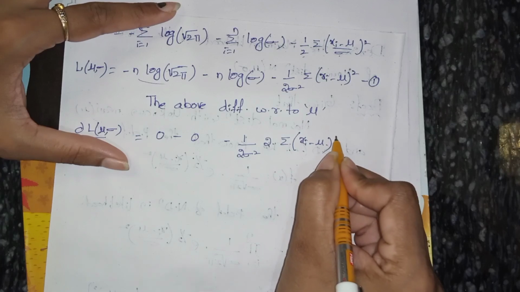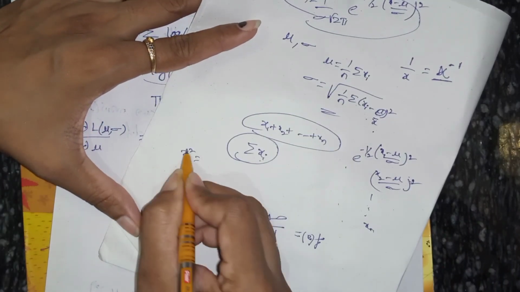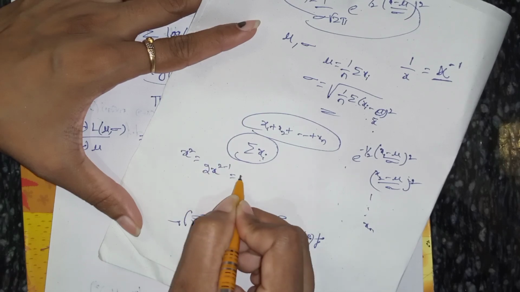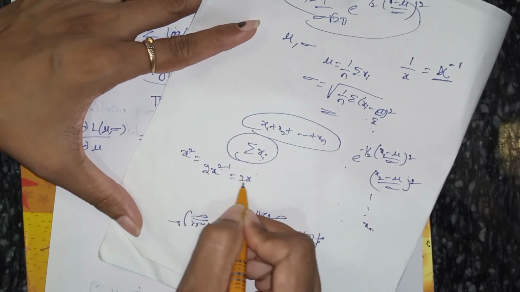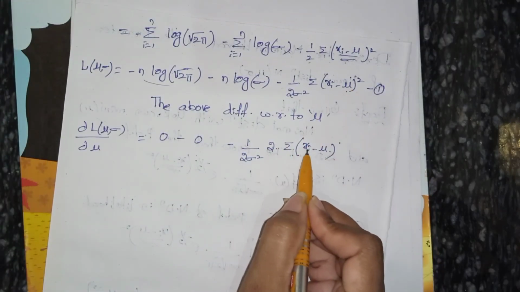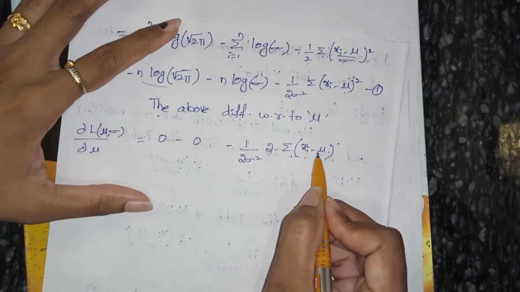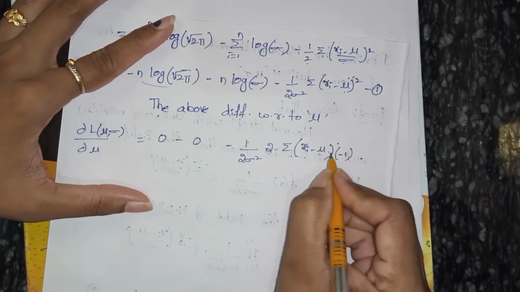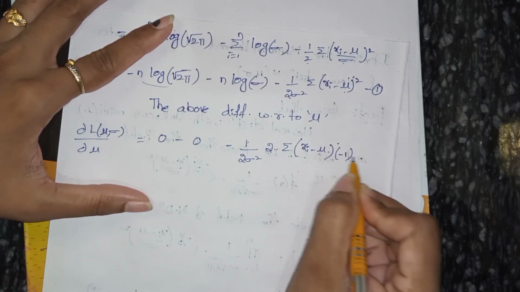to the power of 2 minus 1. See here, for example, x square is there. The derivative of x square is nothing but 2x to the power of 2 minus 1, nothing but 2x. So like that, here 2 summation (xi minus mu), and again we have to do it for mu, so we get minus 1. The coefficient of mu is minus 1.